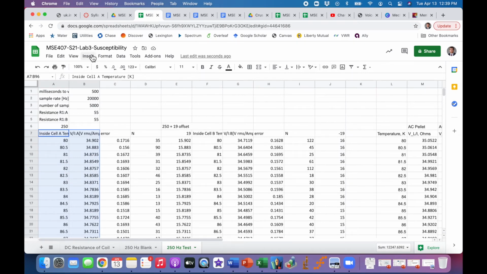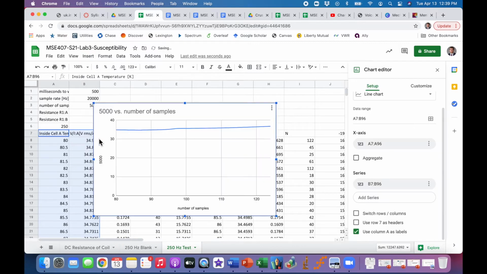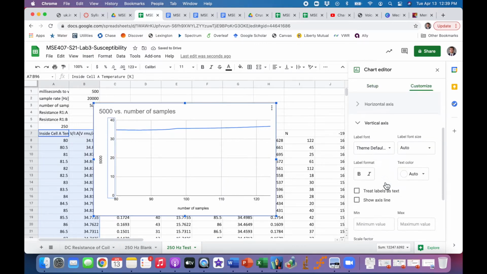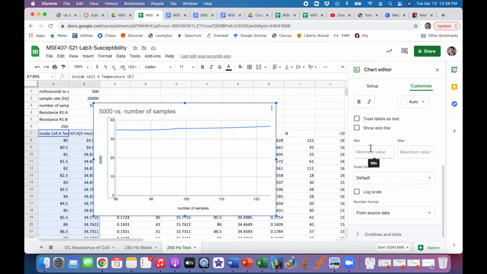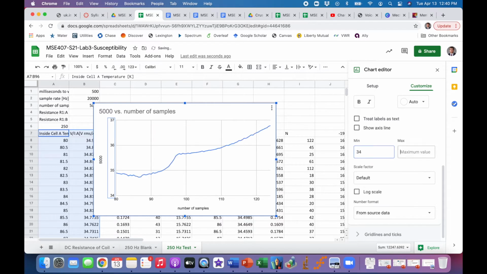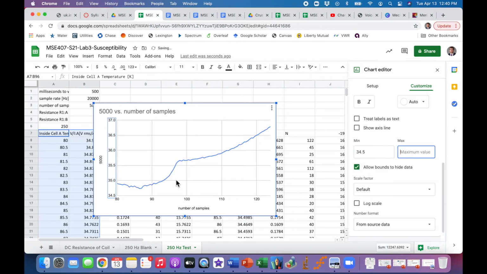So again, I'll insert a chart. And I'll have to adjust this again. There we go. All right. So now you see that something else has happened, right?